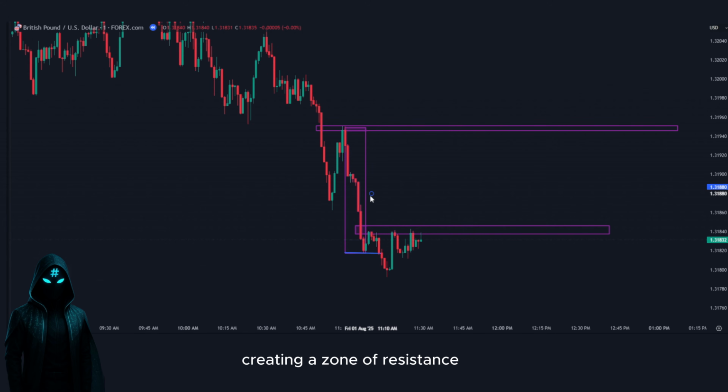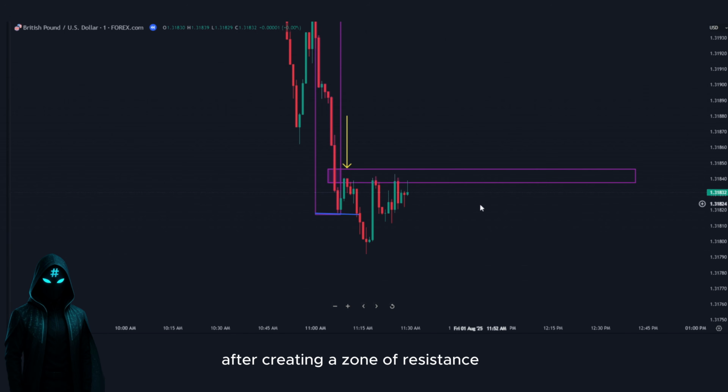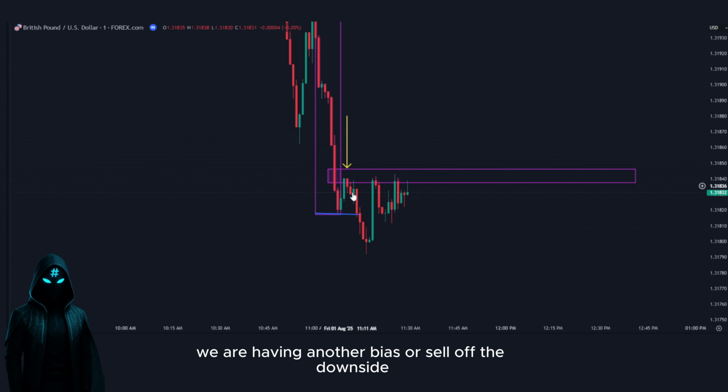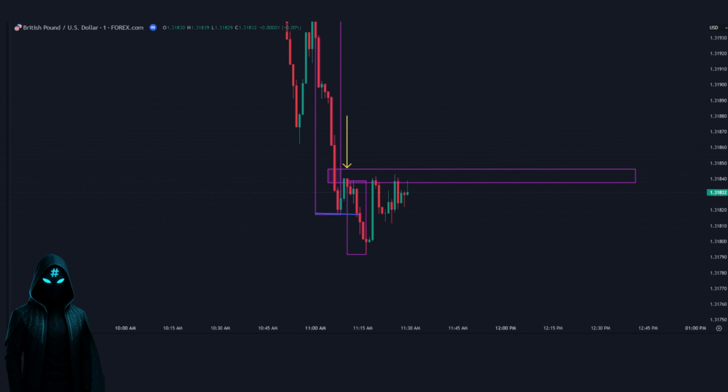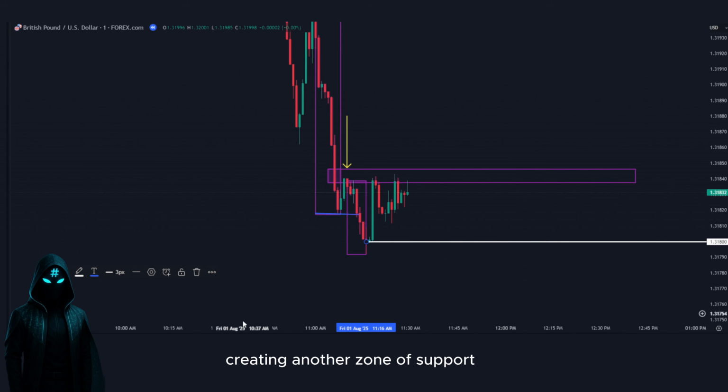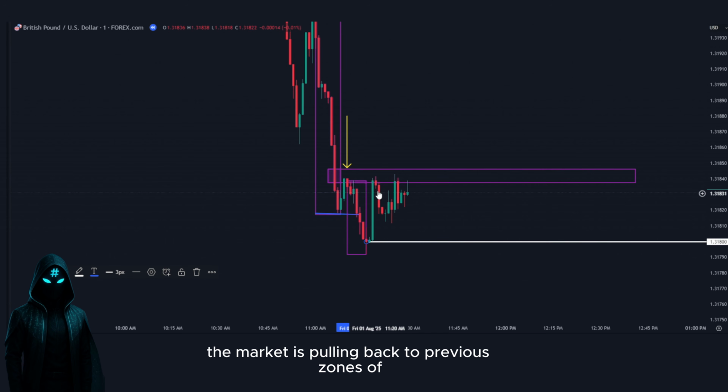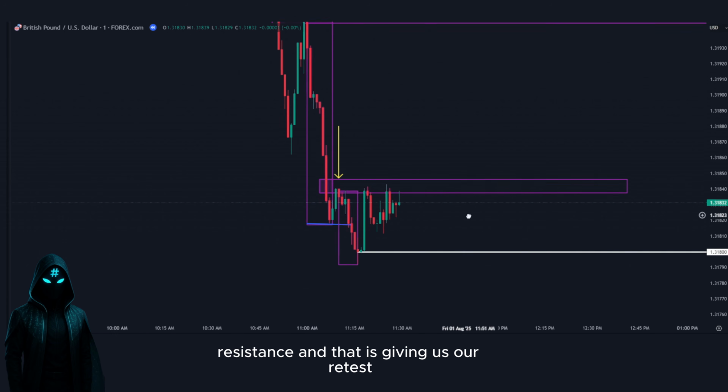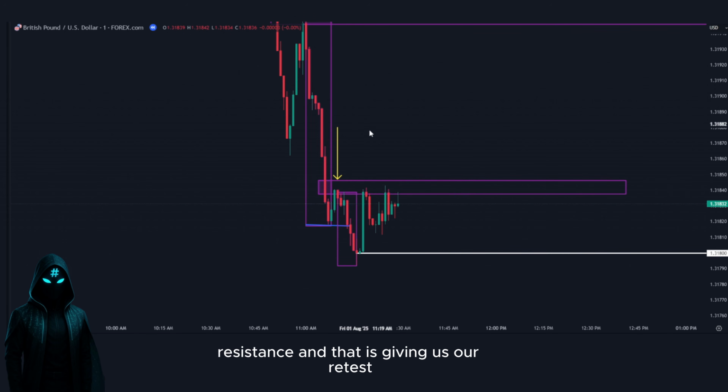After creating a zone of resistance, we are having another sell off to the downside, creating another zone of support. After creating the zone of support, the market is pulling back to previous zones of resistance, and that is giving us our retest.